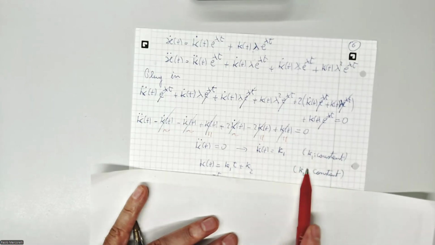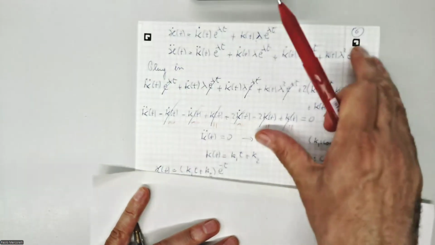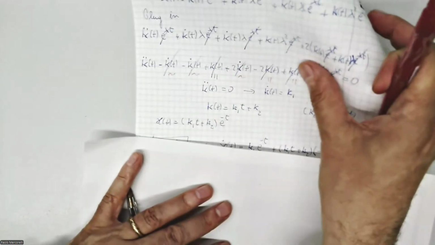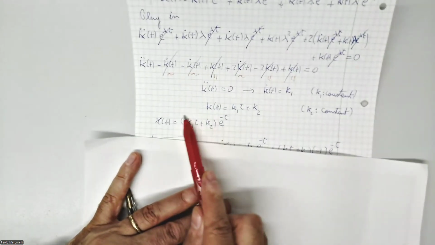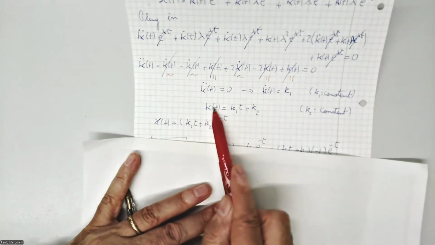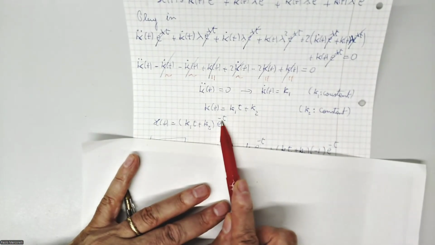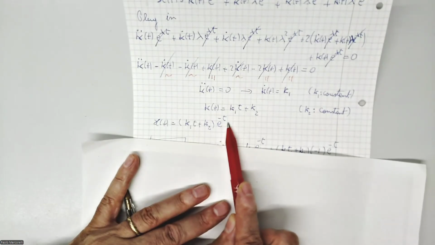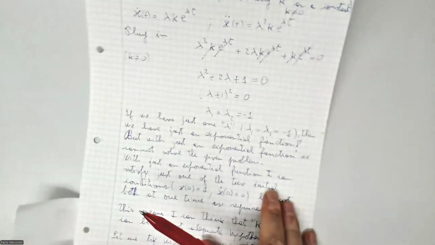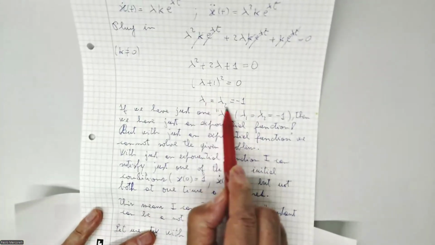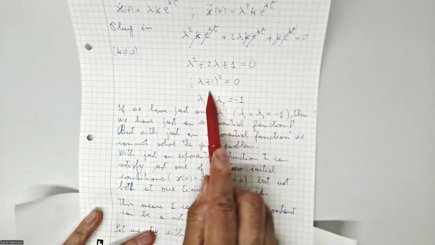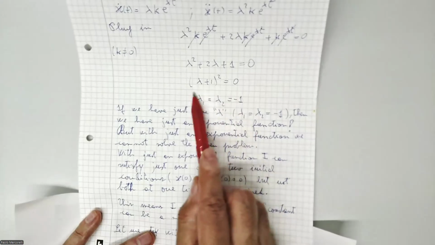Isn't it a conservative constant? Absolutely no. Why that? Because at the end, I have as x of t, do you remember, k of t, which is this one with these two assumptions, multiplied by the exponential function of minus 1t. Why that? Because lambda 1 and lambda 2 were equal and equal 1. Excuse me, minus 1. I told you correctly and then I forgot. Minus 1.